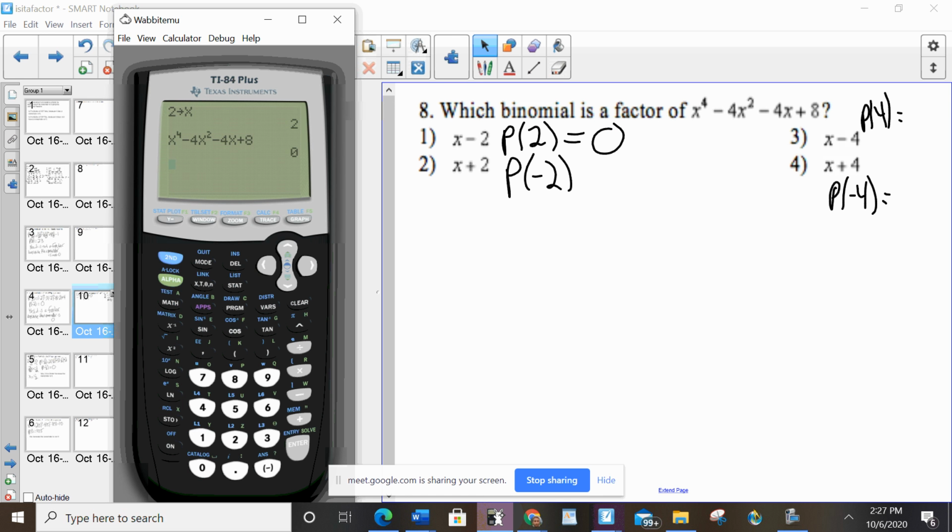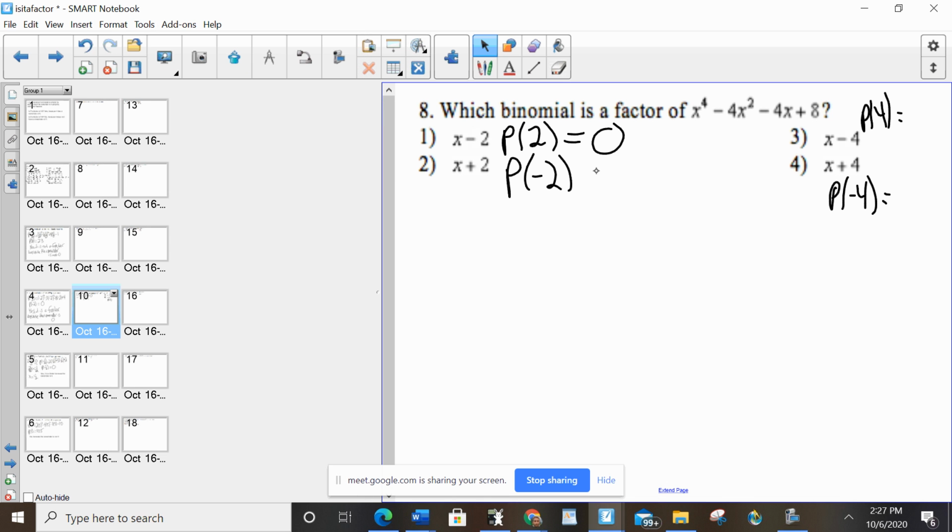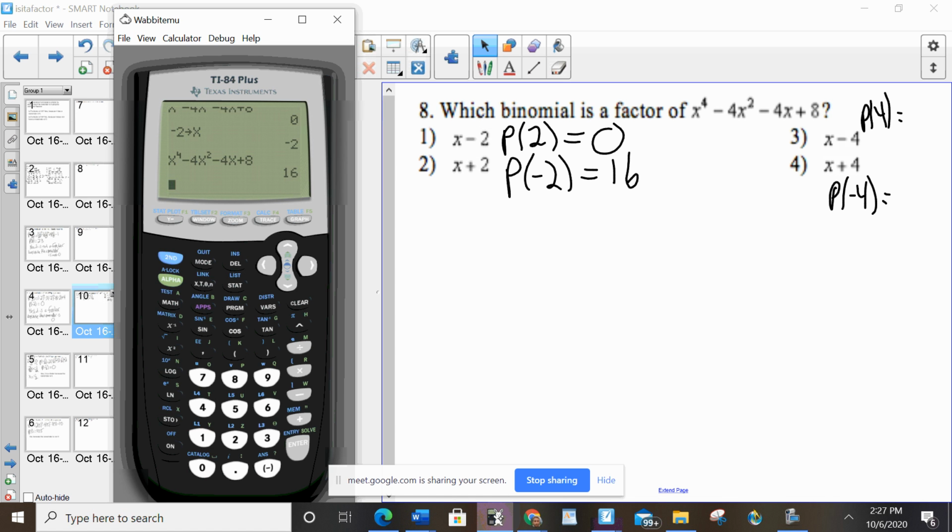If I want to sub in negative 2 now, I'm going to store negative 2 as x, and then I'm just going to copy and paste my expression. So this becomes very fast if you use the calculator and you use the storing function.